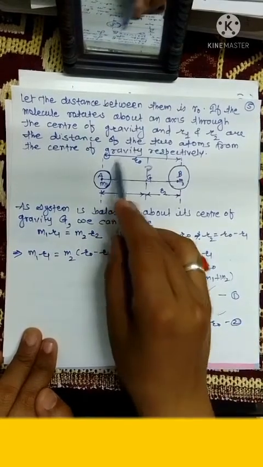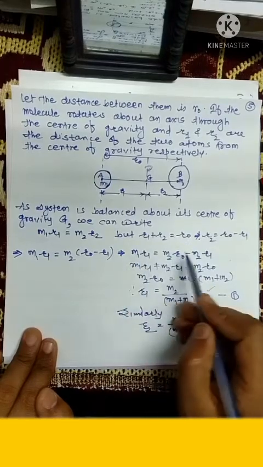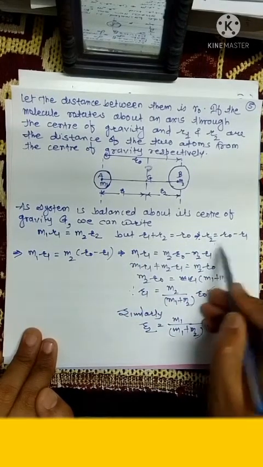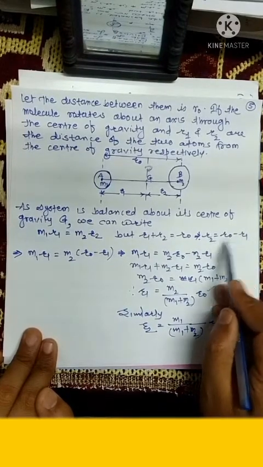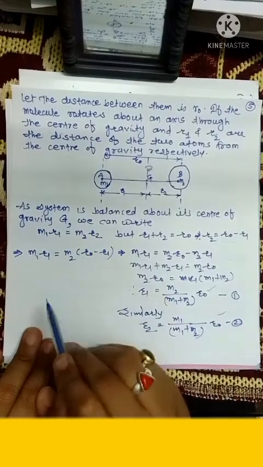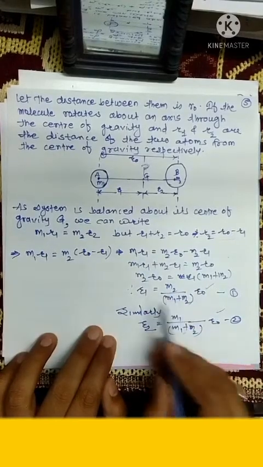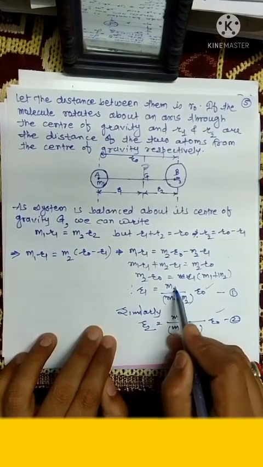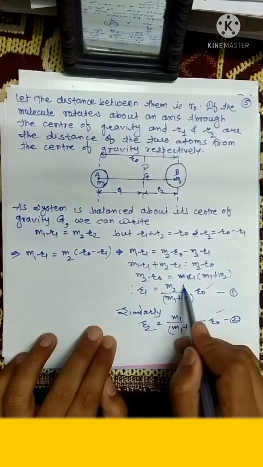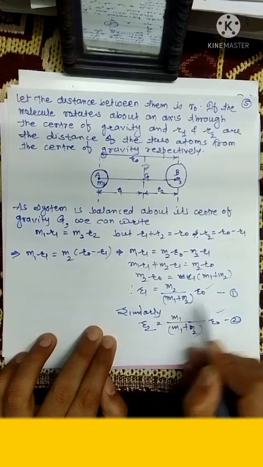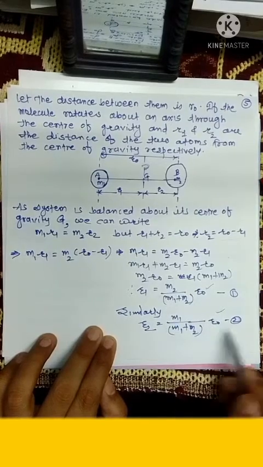But from the figure we can write r1 plus r2 is equal to r0. So one can simply write r2 is equal to r0 minus r1. Put this value of r2 in this equation. By putting this value and solving this equation, one can write r1 is equal to m2 divided by m1 plus m2, this whole thing multiplied by r0. Similarly, the value of r2 can be written like this.